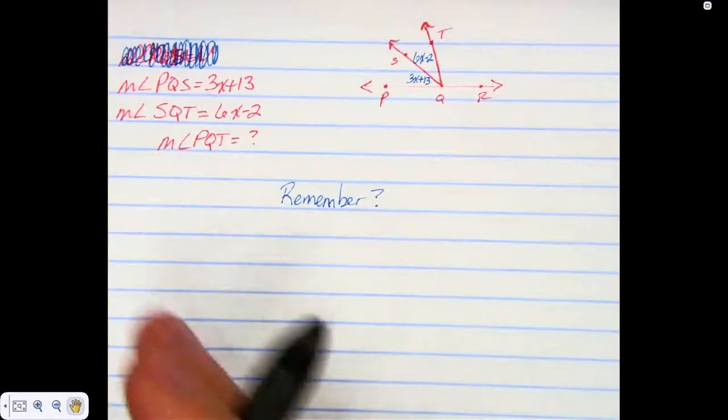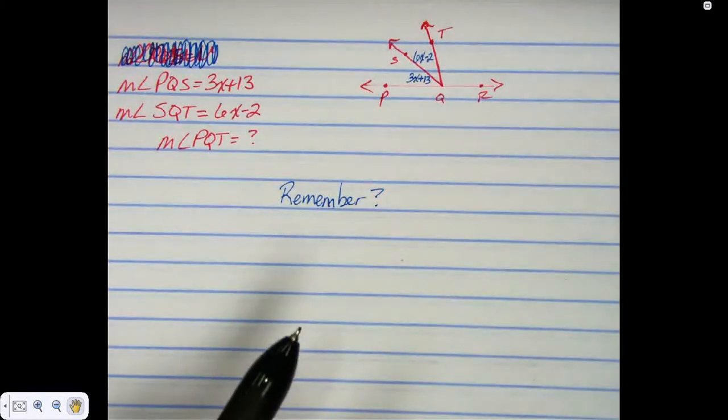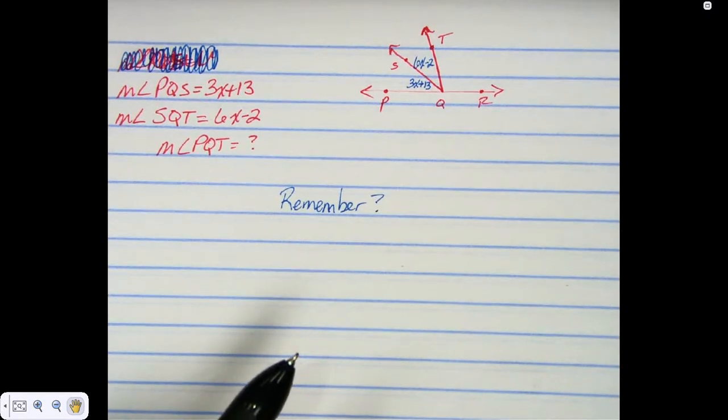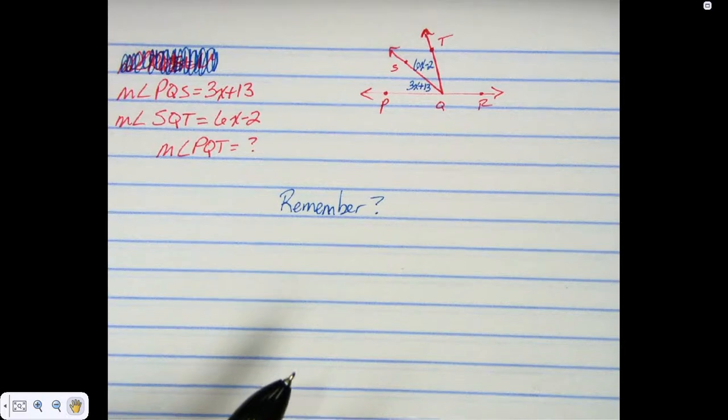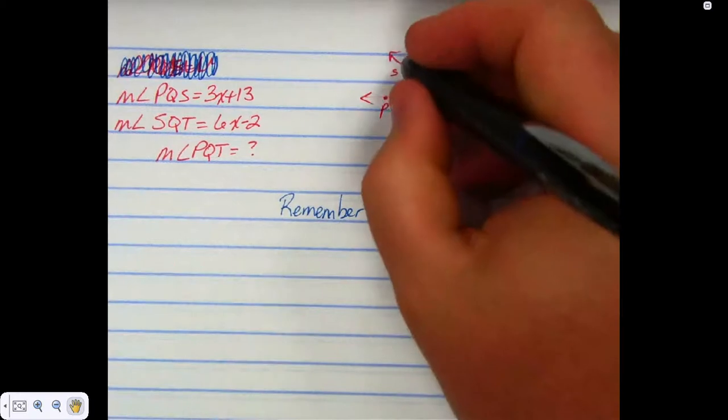Most of the time when you look at that, you say, that doesn't look like there's enough information there. Read back your bold directions at the top and see if there was something they told you about the situation that you've forgotten about. What is true for both 1 and 2? That they're opposite rays and the QS bisects PQT.